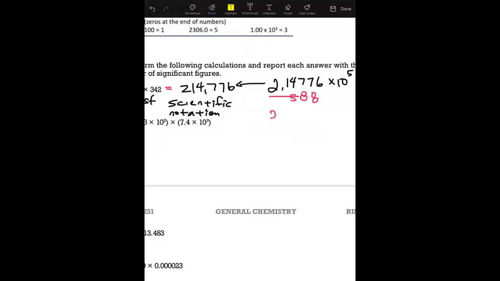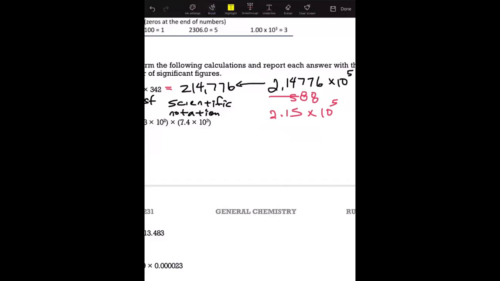So this is going to be 2.15 times 10 to the 5th. You see how much less accurate that number is? It's not as precise as the other number. The more decimal places you have, the more precise your calculation is. The fewer decimal places, the less precise it is.